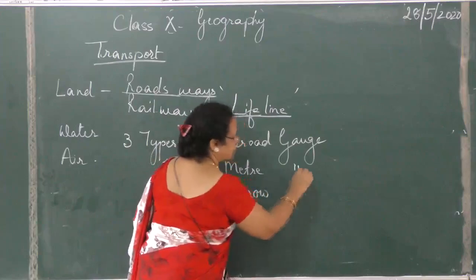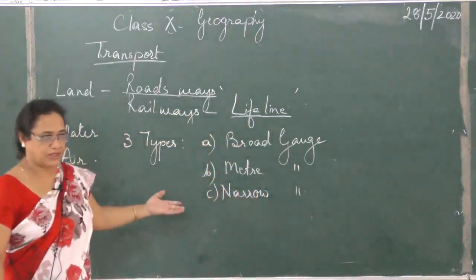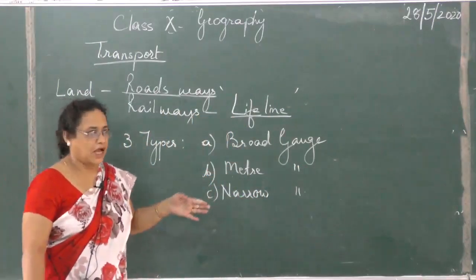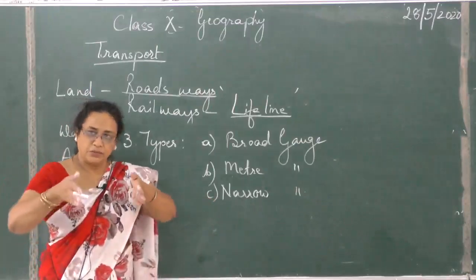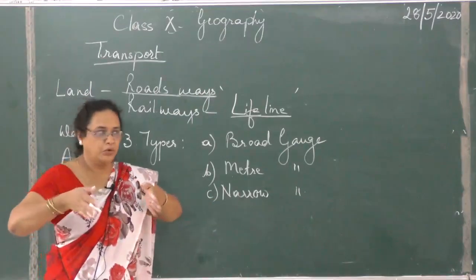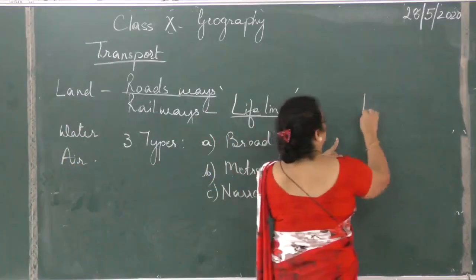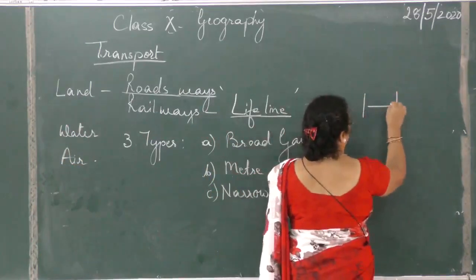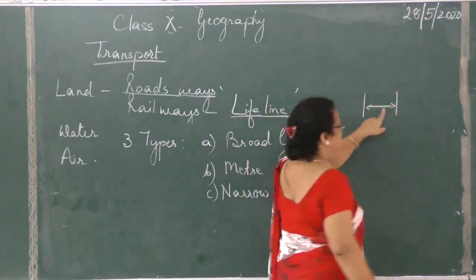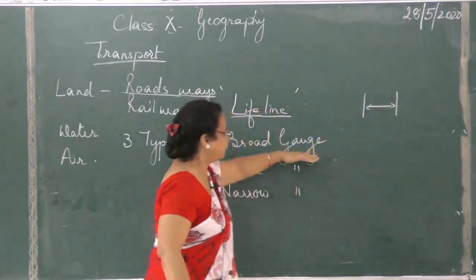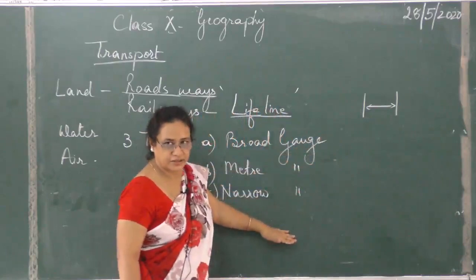Now, everyone has travelled on a rail or a train sometime or the other, and if you have seen the wheels of the train, they move on tracks. Now the distance between the two tracks, according to the distance, they are classified into these 3 categories.